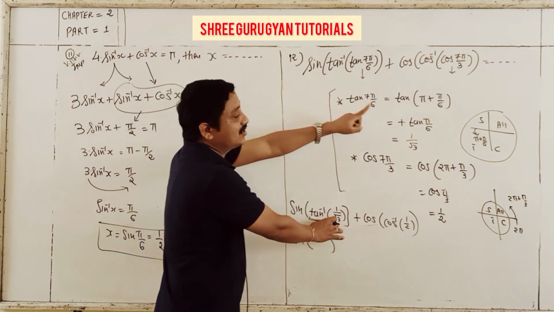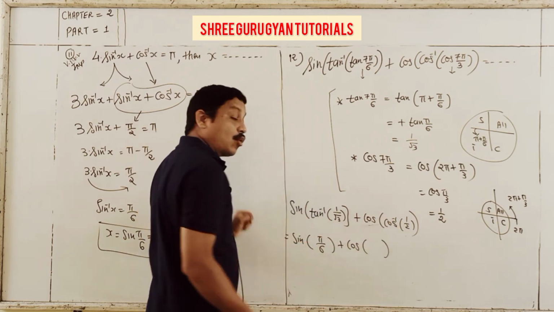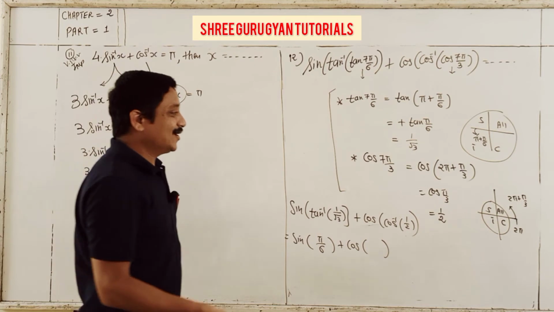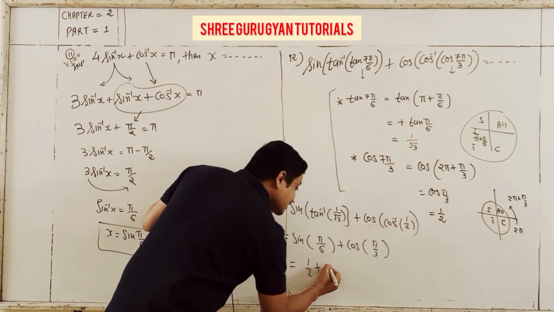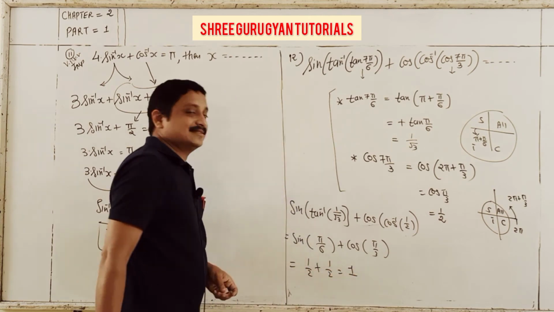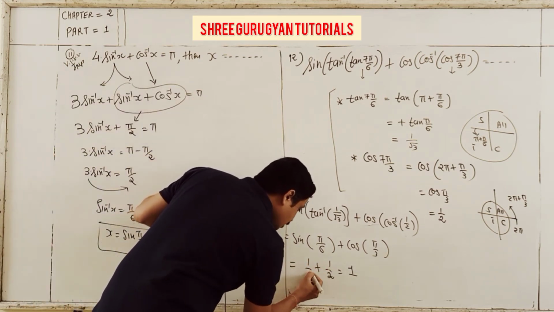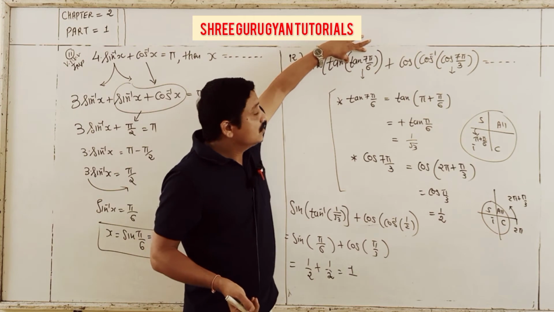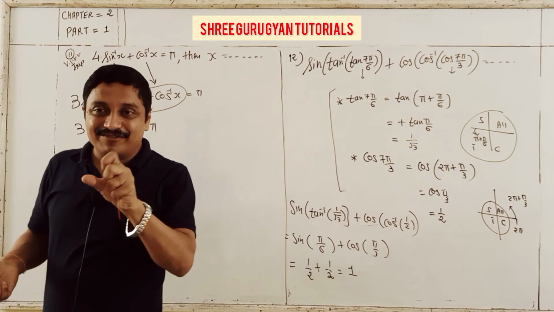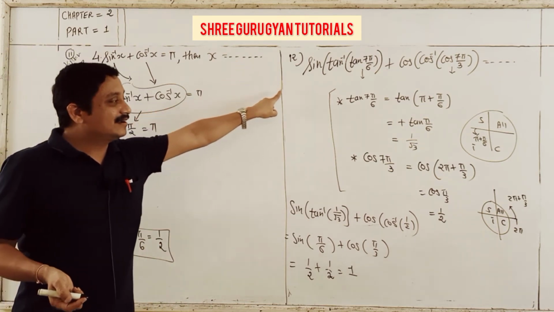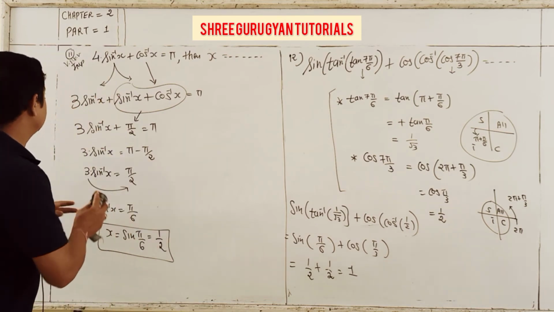When tan is 1 by root 3 it is 30, pi by 6, and when cos is half it is 60, pi by 3, as I already explained. Now sin 30 is half and cos 60 is half, so my answer is just 1. This question is easy, but it needs two-step solutions. First calculate the internal part, and after that put it in the external part to get the answer easily. Now the next question, students, 13.